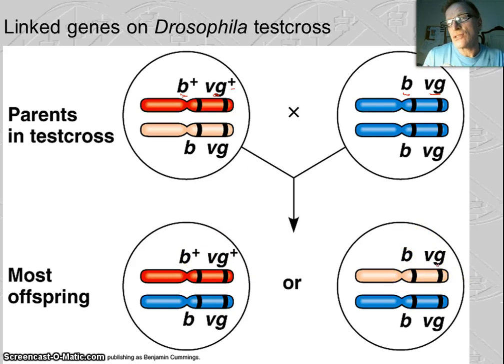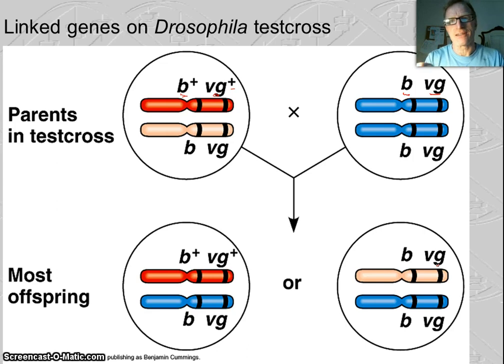And he realized that these alleles are actually carried on the same chromosome, and if they're not segregating and recombining, they must be linked. So he came up with this idea of linkage, that certain genes are linked on the same chromosome. And that's again why Mendel's rule of independent assortment is a rule, because linked genes do not independently assort. They stay together.